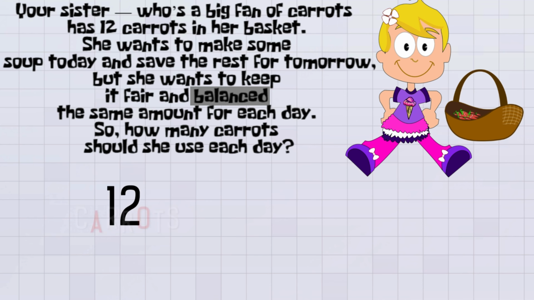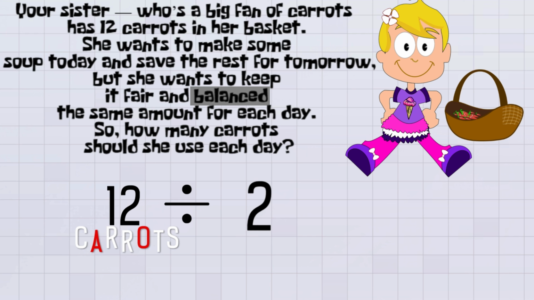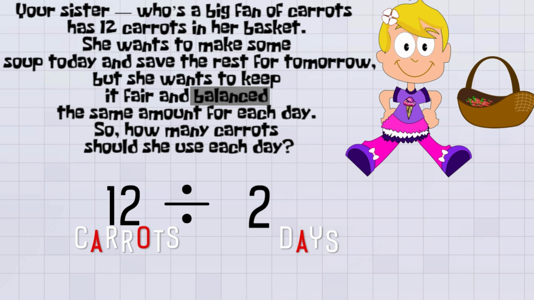She has 12 carrots in total, and she wants to split them evenly between 2 days, today and tomorrow. That means we're dividing 12 by 2. If we share 12 equally between 2 days, each day will get 6 carrots. So she'll cook 6 carrots today and save 6 carrots for tomorrow.